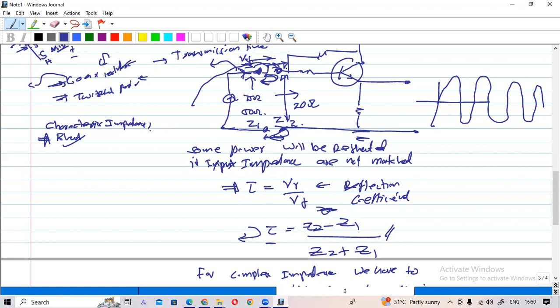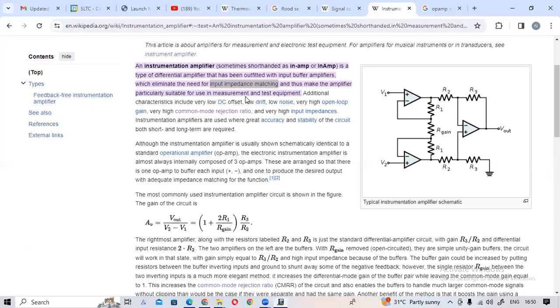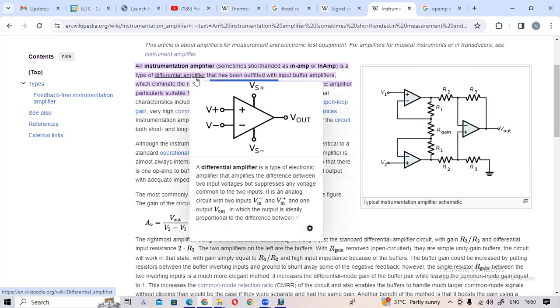So it is said that if you are using a differential amplifier, we know here the differential amplifier is also here. You can see it also. It amplifies the difference of these two voltages.